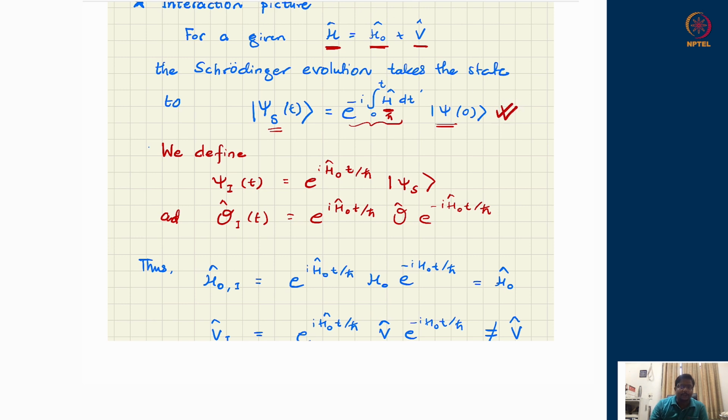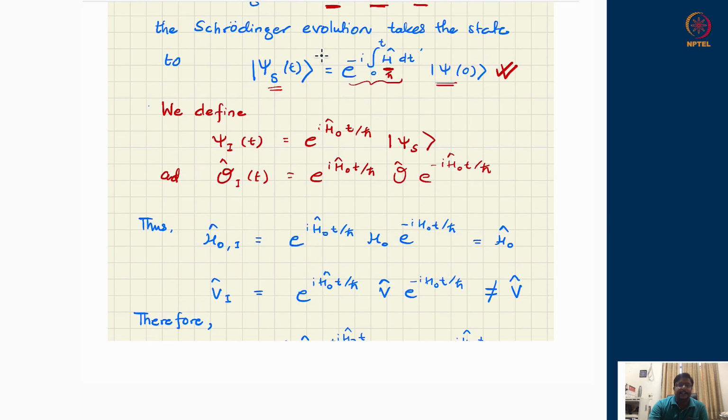Now what we are going to do is define a new kind of picture, the interaction picture, in which I define a new state psi I, psi interaction. Actually, I can write this as a ket. So the psi interaction ket is obtained from the Schrodinger ket psi S at time t by taking the exponential of the free part of the Hamiltonian H naught.